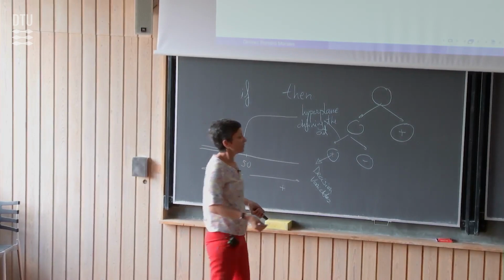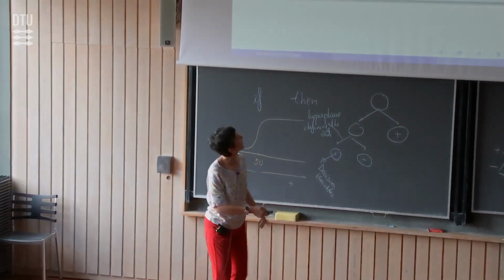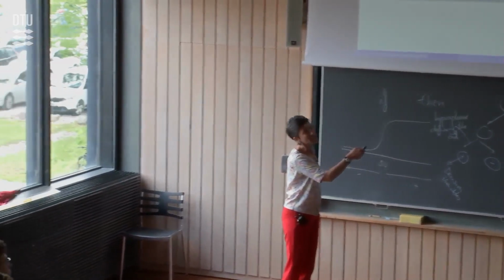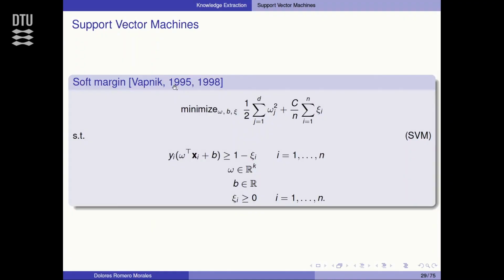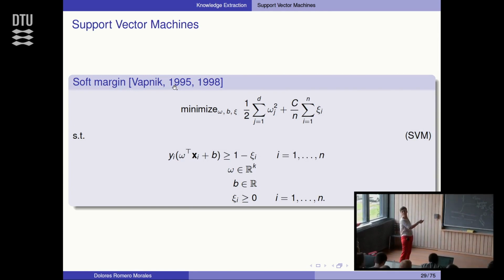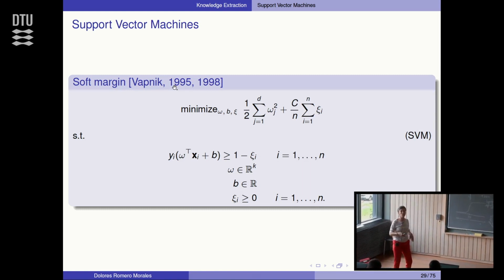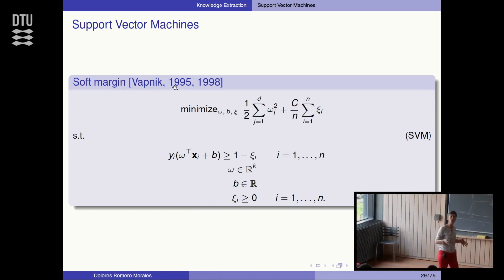In life, you know that the two classes in general are not separable, and this is why you add this term over here, which is a deviation. This deviation allows you to have some misclassified objects, but then you try to penalize that misclassification over here, together with your margin, which I told you that the larger your margin is, the better.